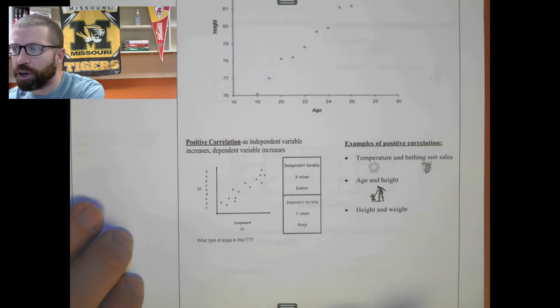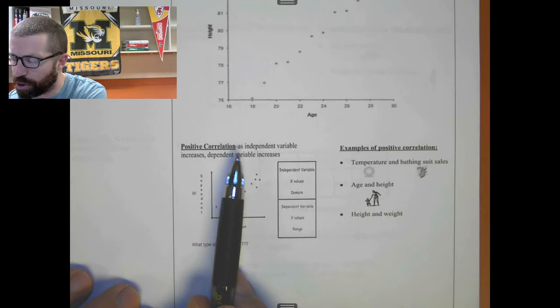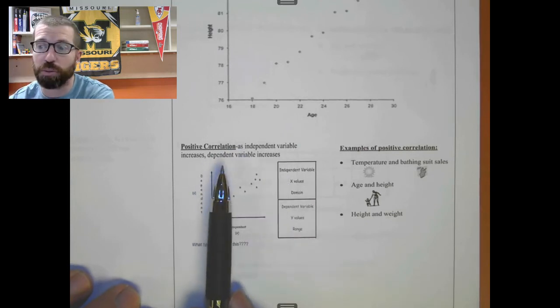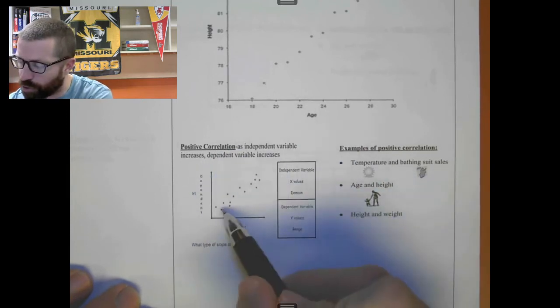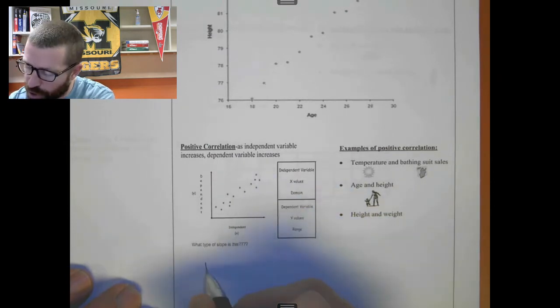So let's talk about positive correlation. Positive correlation is when as the independent variable increases, the dependent variable increases. So this is an example of positive correlation. What type of slope is this? This is a positive slope.